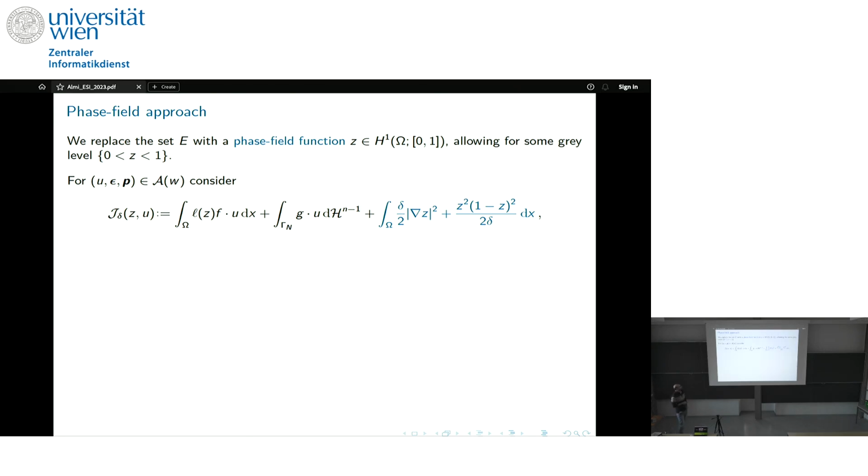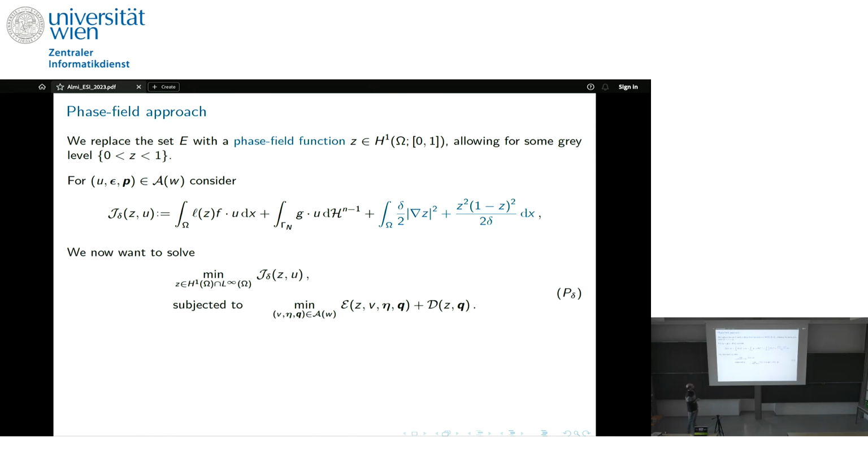And then, again, since delta is very small, you allow for transitions, but a transition has to be small enough, of order delta, and this is again encoded here. So since delta is small, you are allowing for some kind of transition, but it will be small enough. Okay, and this is simply the approximation of a perimeter given by the Modica-Mortola that you've seen also yesterday. So this is the new cost functional.